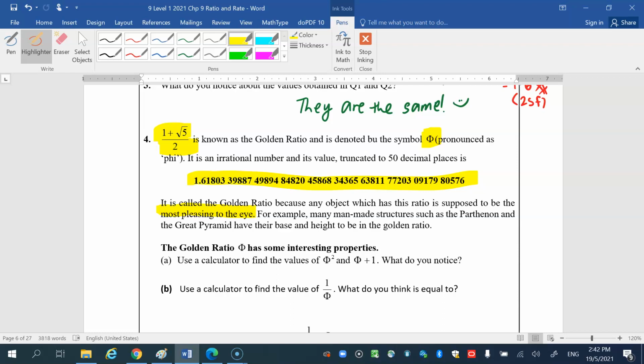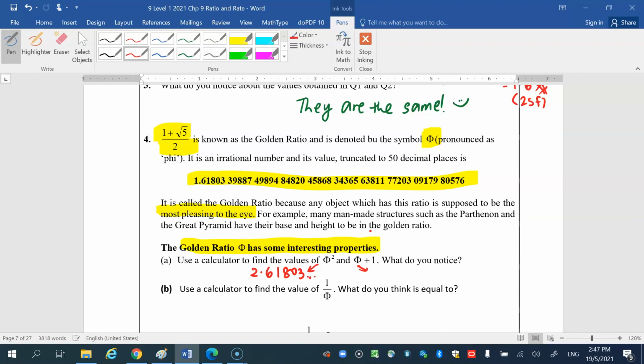Okay, so we have structures like the Great Pyramid that follow this golden ratio as well. And this golden ratio has some interesting properties. So let's use a calculator to find the values of phi square and phi plus 1. Okay, so if you press calculator, phi square actually gives you 2.618033 and so on. And if you press calculator for phi plus 1, how do I get phi in my calculator?